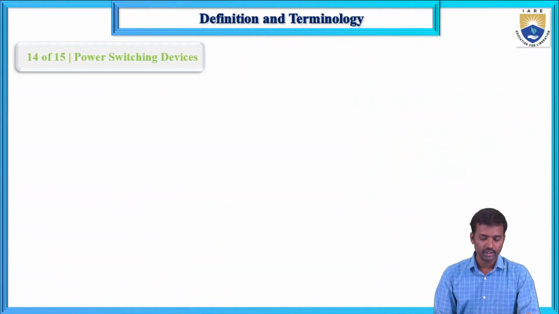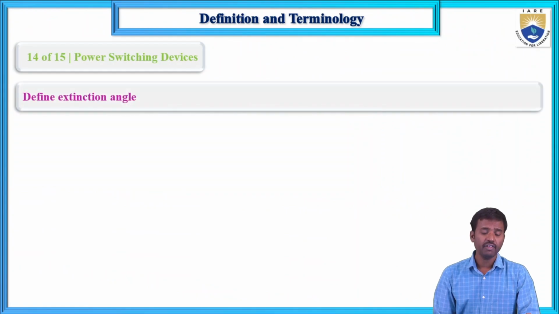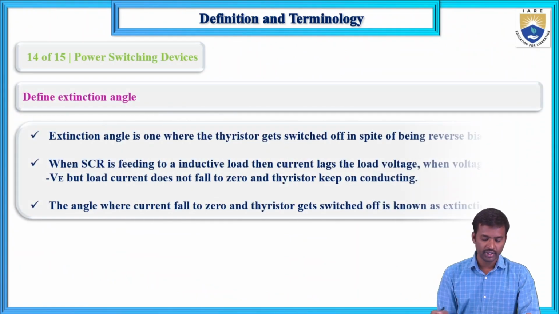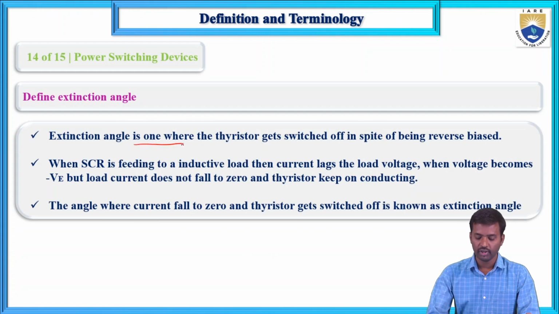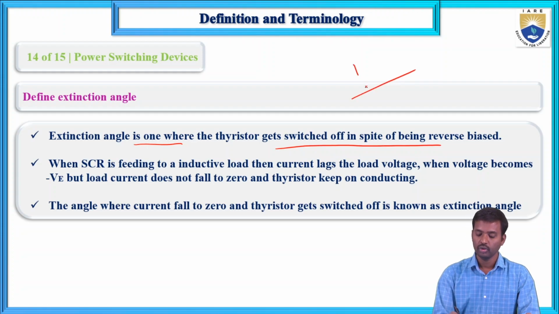Now next, the 13th one: define extinction angle. Extinction angle is the angle at which the thyristor gets turned off in spite of being reverse biased. When the SCR is feeding an inductive load, the current lags the voltage.